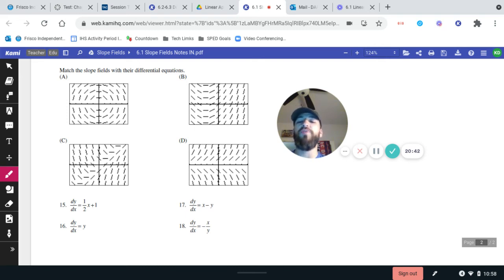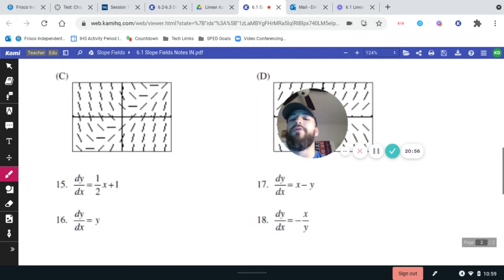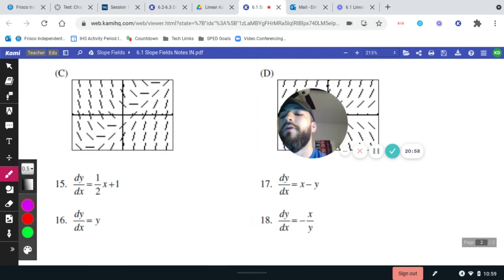So the first one I always plug in, because it's the easiest number to check right off the bat, is to plug in 0, 0. Because if you plug in 0, 0, it can really easily start knocking stuff out. So for number 15, I'm going to plug in 0, 0. So dy over dx at 0, 0 would give me 1/2 times 0 plus 1, which would give me a slope of 1.